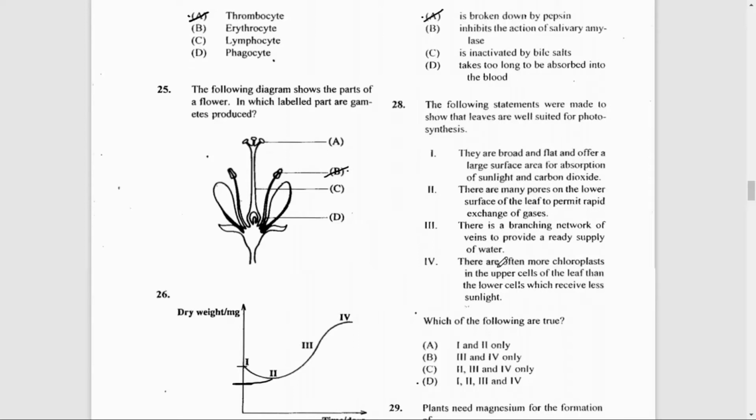And 4, there are often more chloroplasts in the upper cells of the leaf than the lower cells which receive less sunlight.